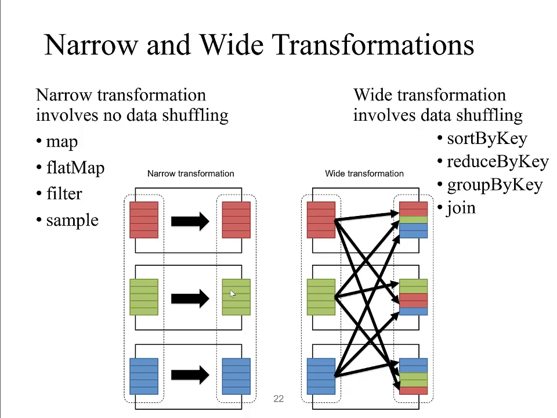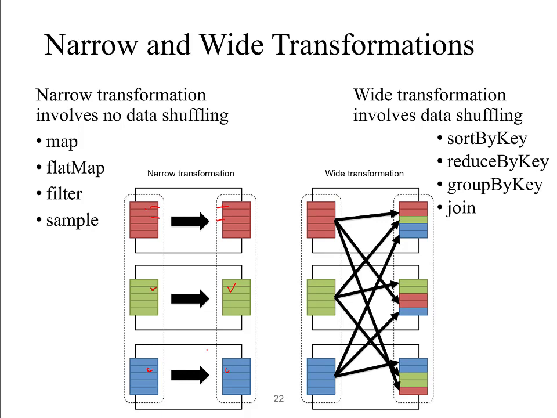That means, for example, if two individual data are in the same partition before the transformation, they will still be in the same partition after the transformation. And if they are in different partitions before, they will be in different partitions after.